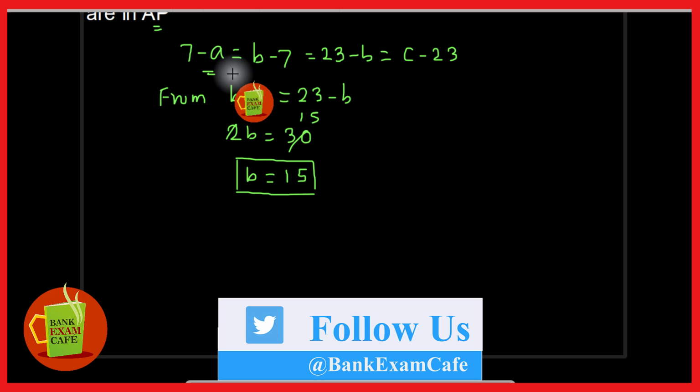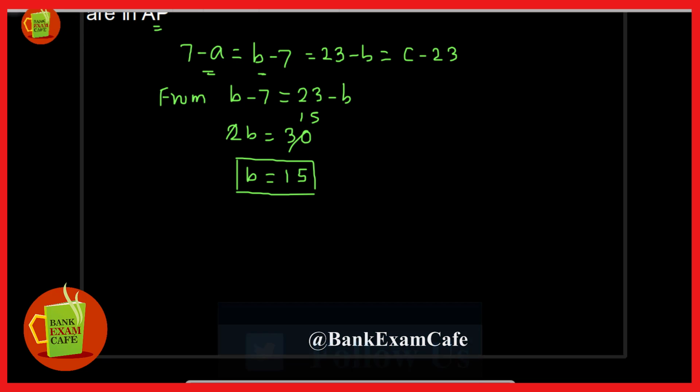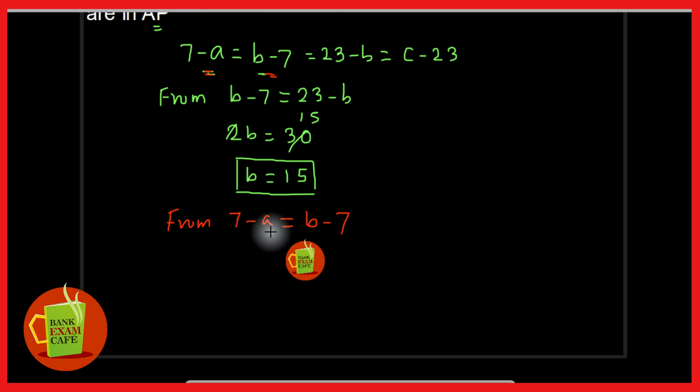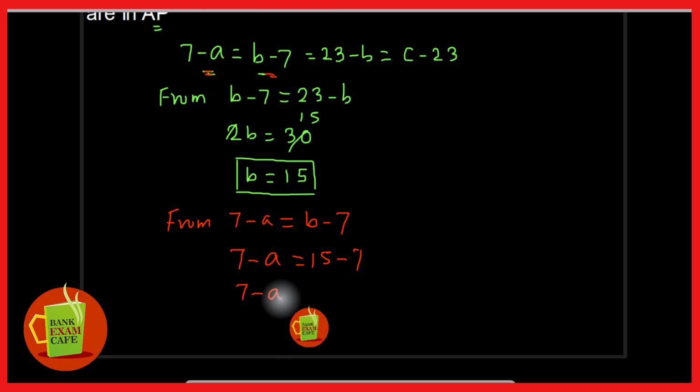Now second, we will take 7 minus A is equal to B minus 7. We know B is 15, so put the value of B: 7 minus A is equal to 15 minus 7, that will be 8, correct?